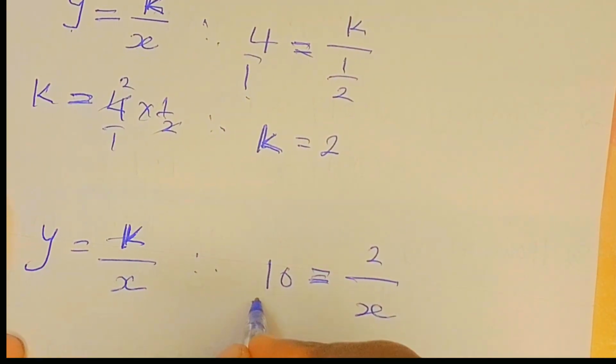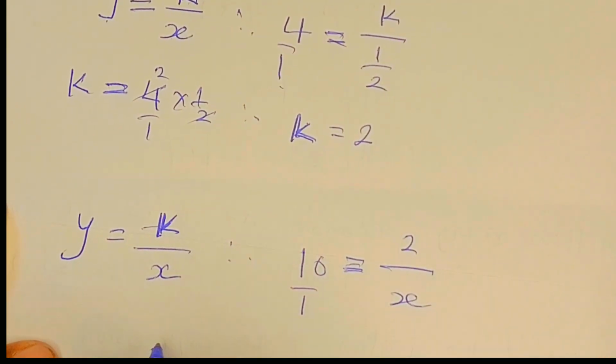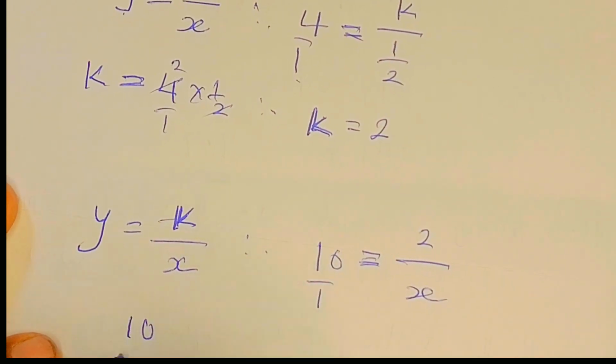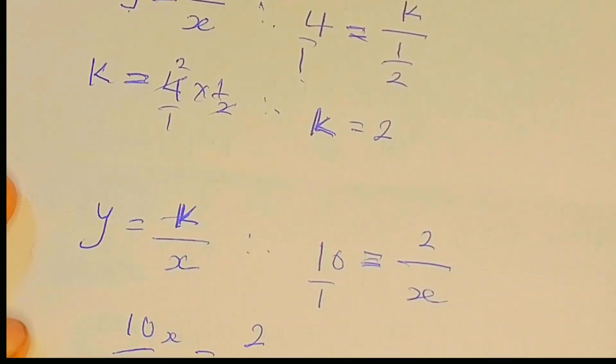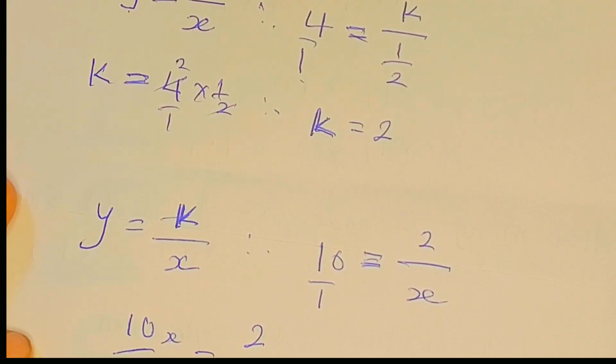So when we do this over 1 and we cross multiply, we have 10 times x is 10x over 1 equals 2 over 1. So what do we do?